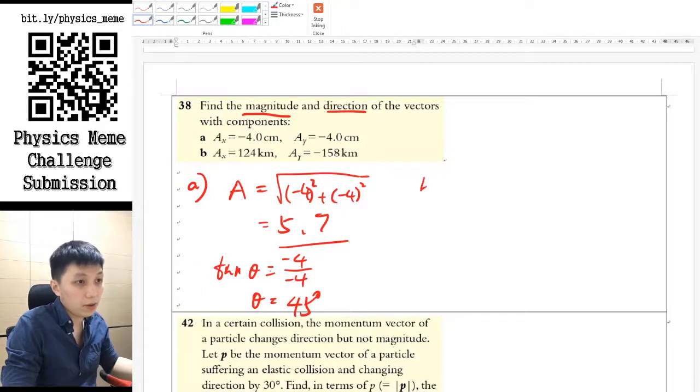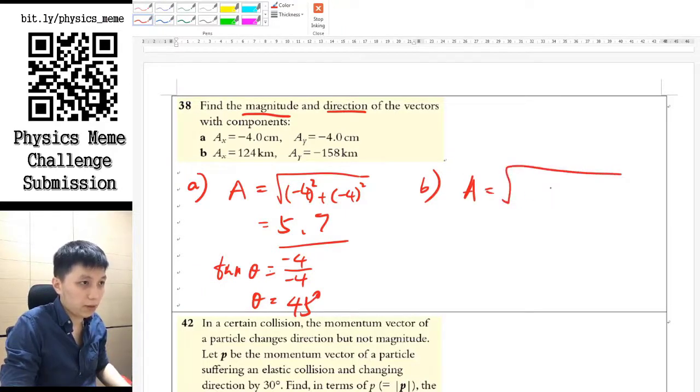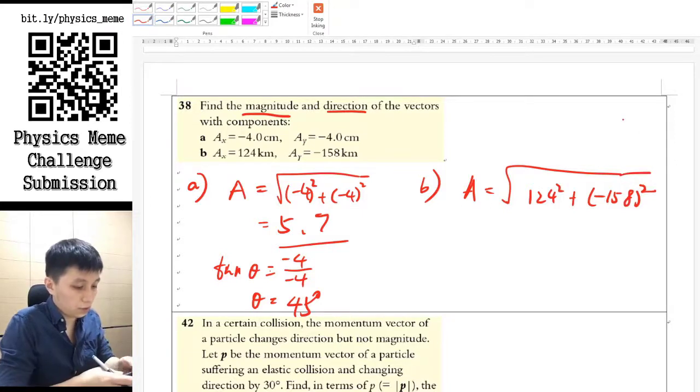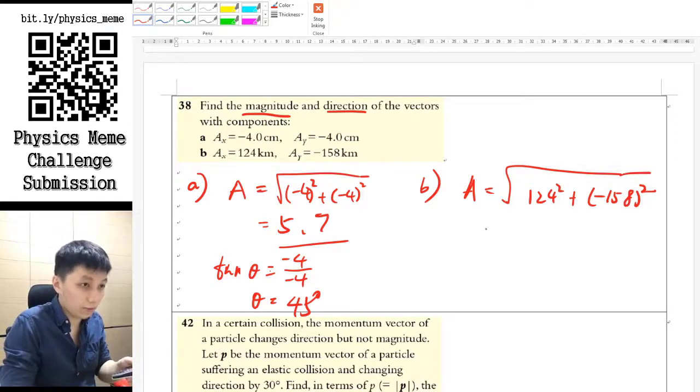Very simple. Part B is going to be the same thing. Pythagoras theorem, 124 squared minus 158 squared. Using your calculator, you should find about 200.8. So I would take it as 201.